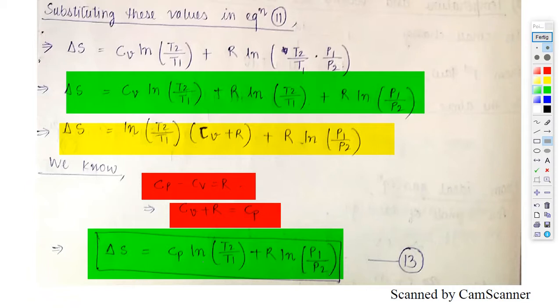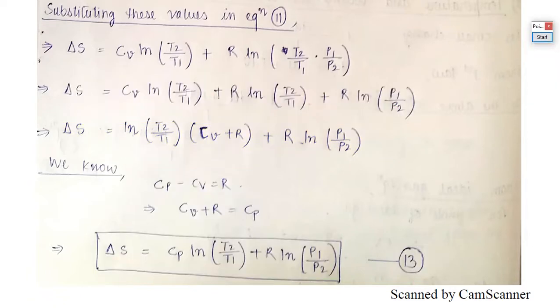But if temperature and pressure are the variables, del S equals Cp ln T2 by T1 plus R ln P1 by P2. This is the important formula right over here, you need to understand it. This question number 13 is the important one.